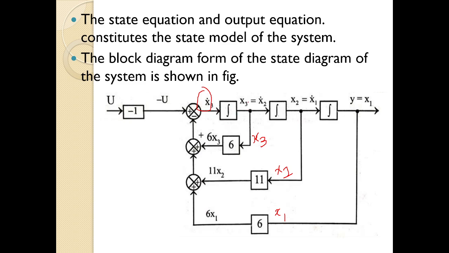Put an integral, write x3, and from there x3 times 6 gives 6x3. If you add it with the other terms, you will get the x3 dot equation. We already know x3 is equal to x2 dot. Since x3 is equal to x2 dot, the integral of x2 dot is x2. So now just join this line here.